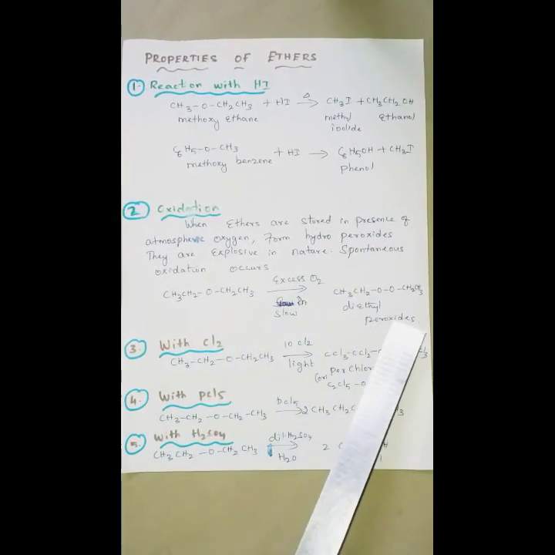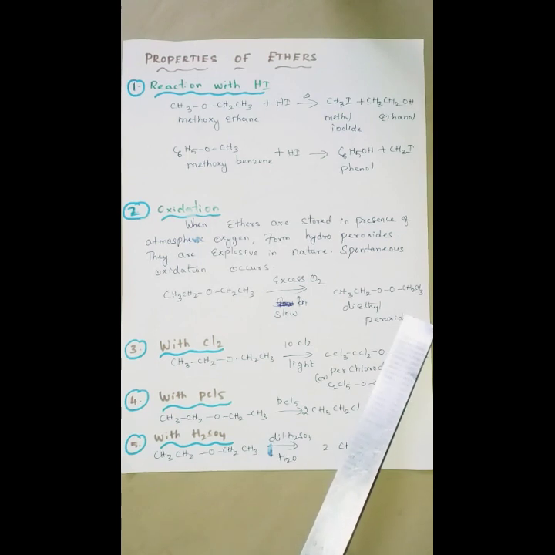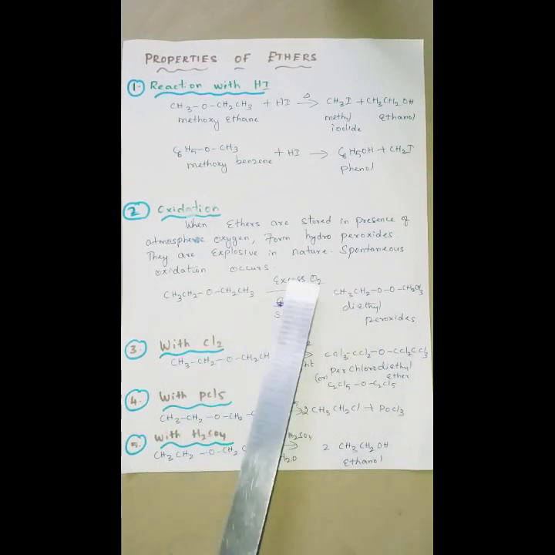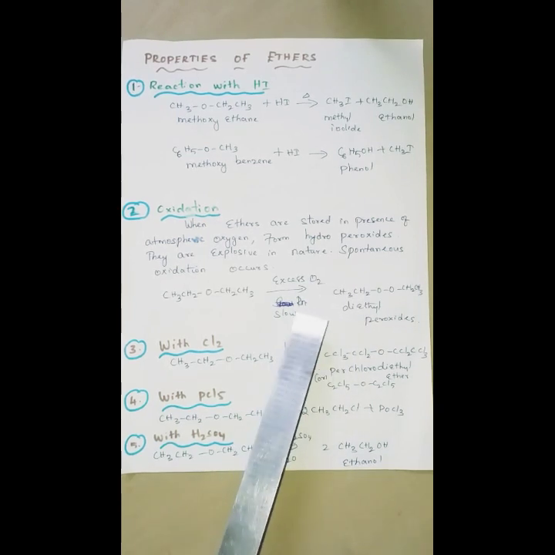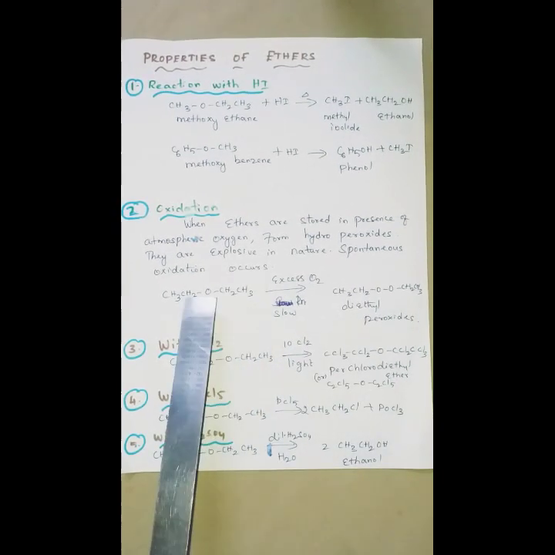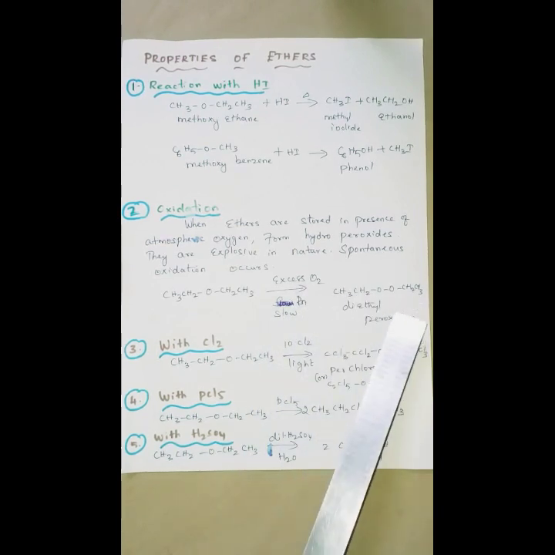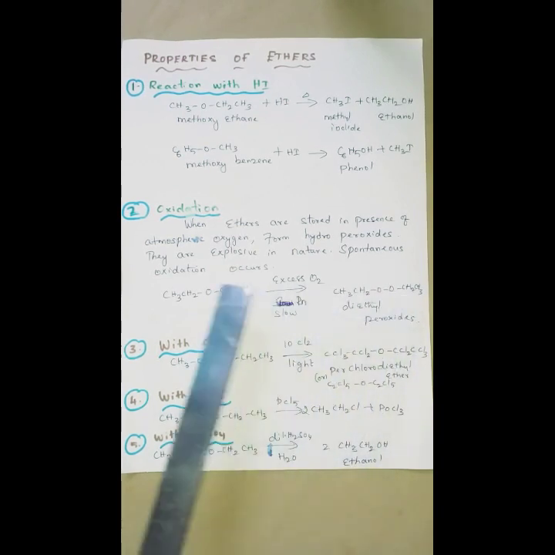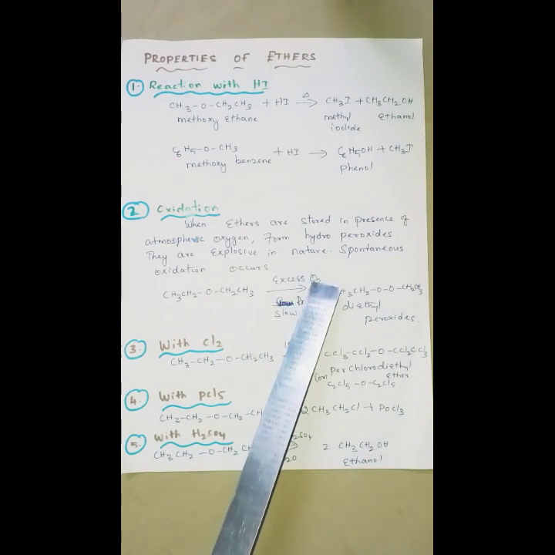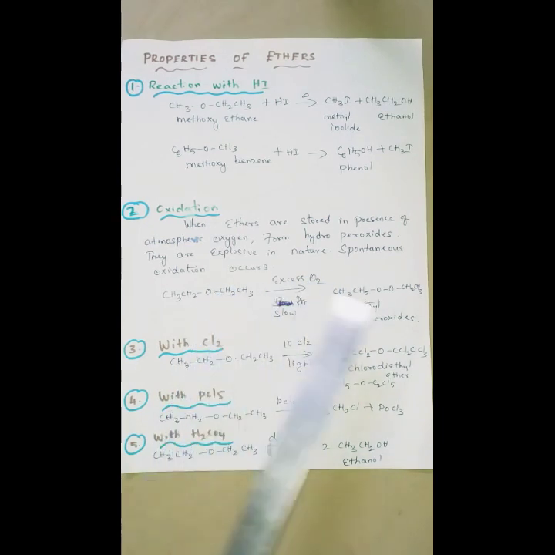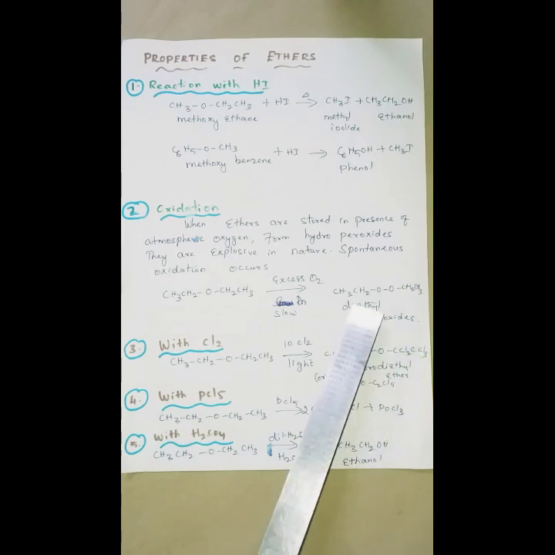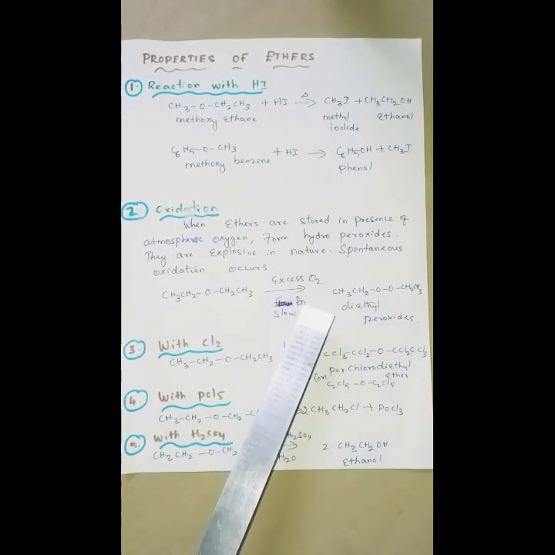So immediately it forms a peroxide, a highly explosive substance. So diethyl ether with excess of oxygen forms diethyl peroxide with an O-O linkage. Only one oxygen atom comes and adds here to form the peroxide linkage. So diethyl peroxide, and this is a slow reaction.